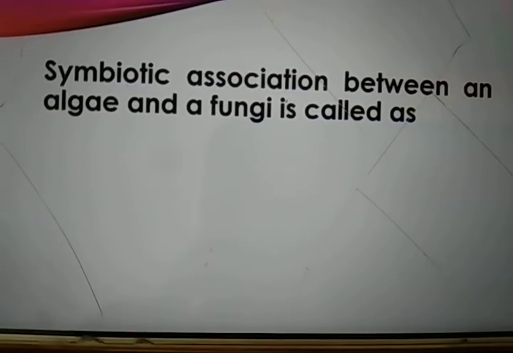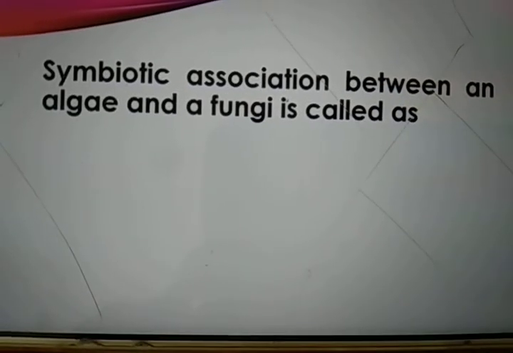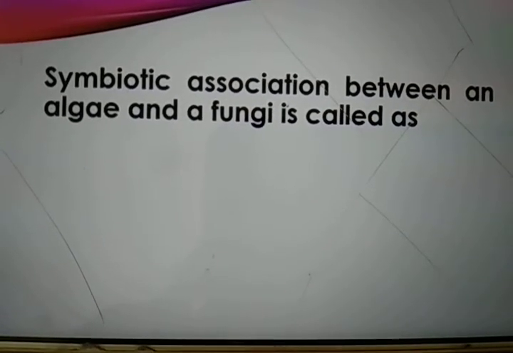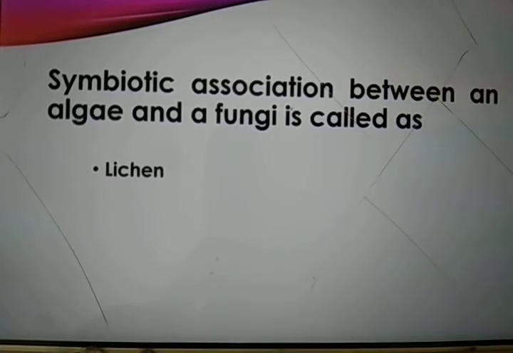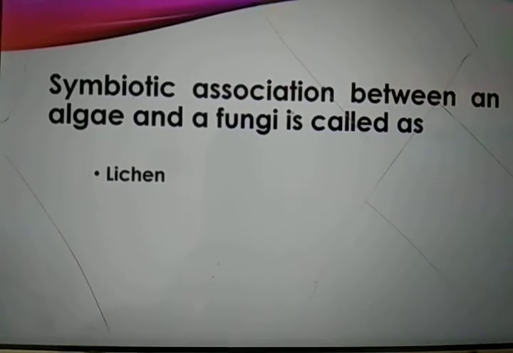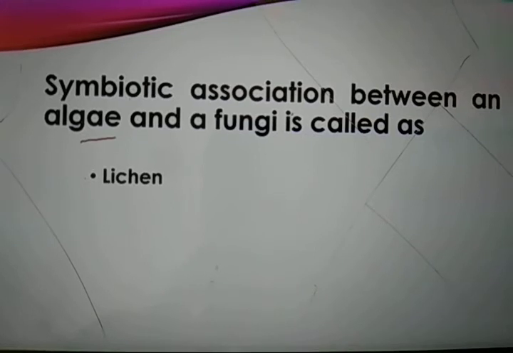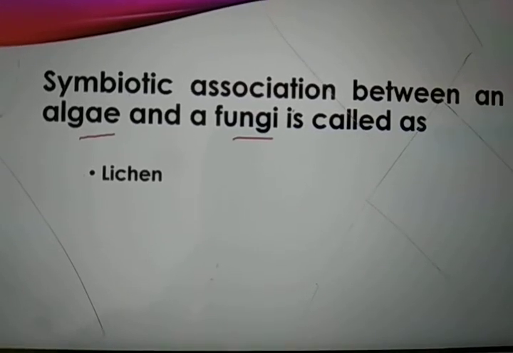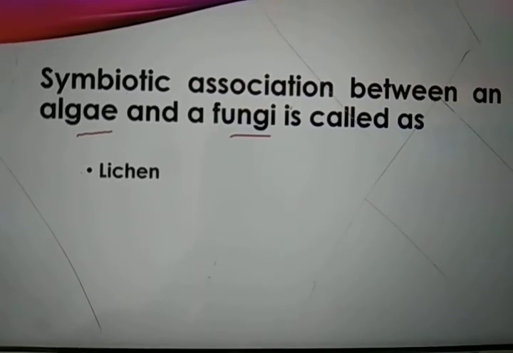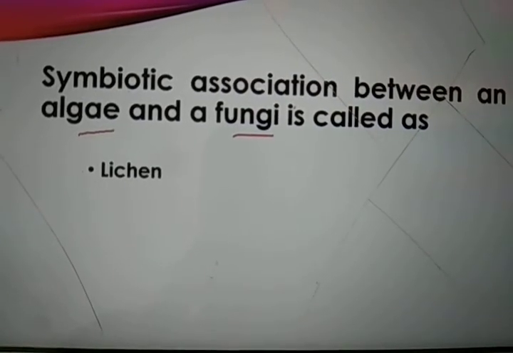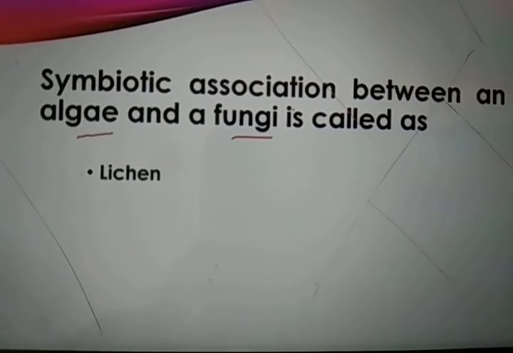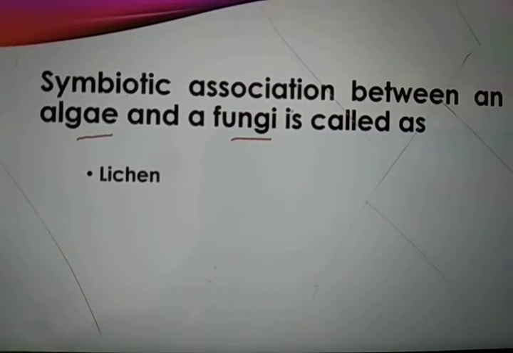And the next question is, symbiotic association between an algae and fungi is called as? Yes, the answer is lichen. The symbiotic relationship between the algae and fungi. Algae prepare the food, give it to the fungi, and fungi help in the absorption of minerals from the soil.